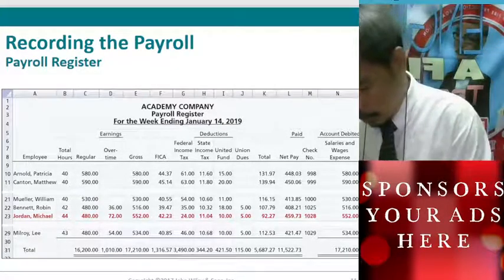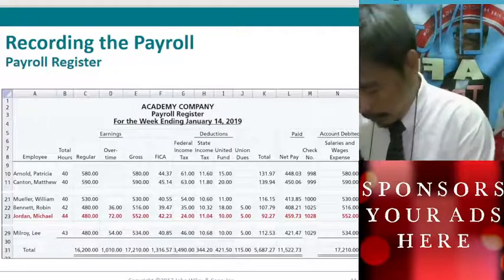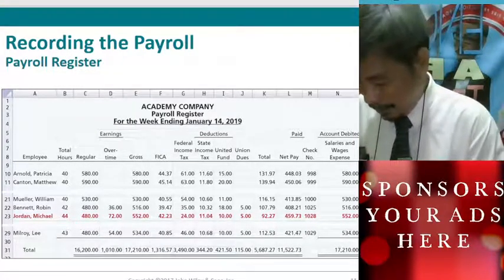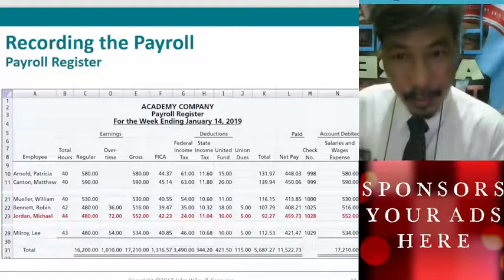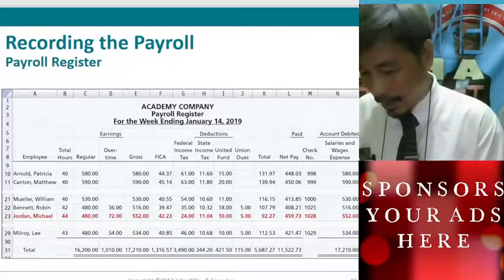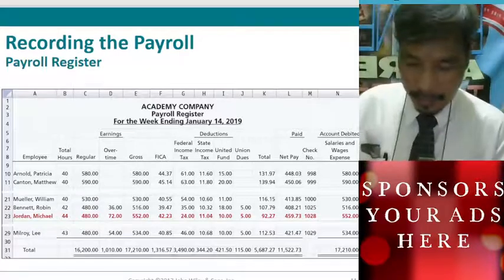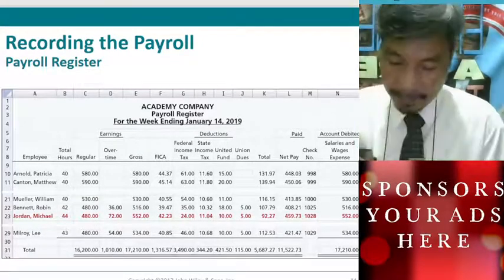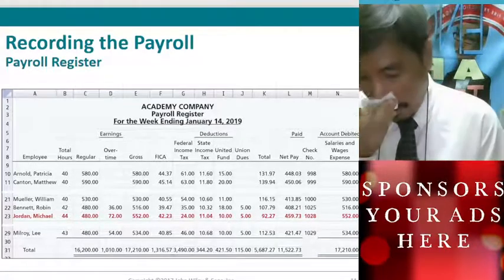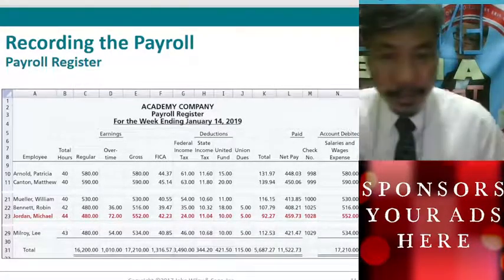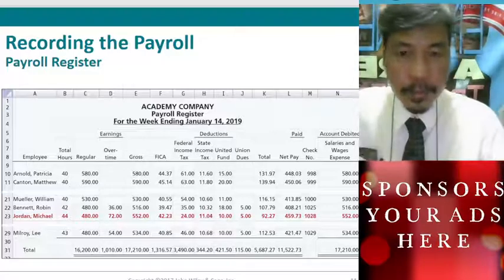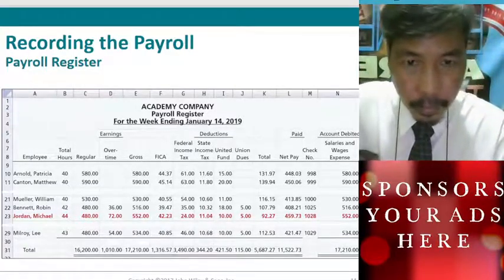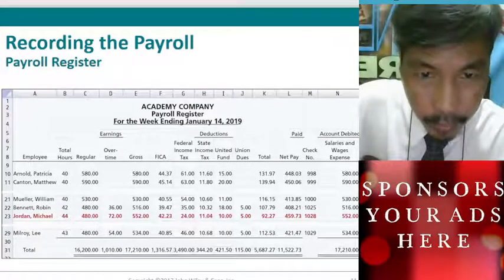In the Philippines, we have 44 hours, we have 48 hours in our company. So that is the difference. They have 40 hours regular, with overtime for those with more than that.